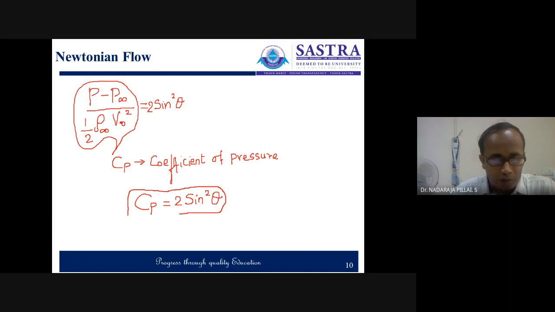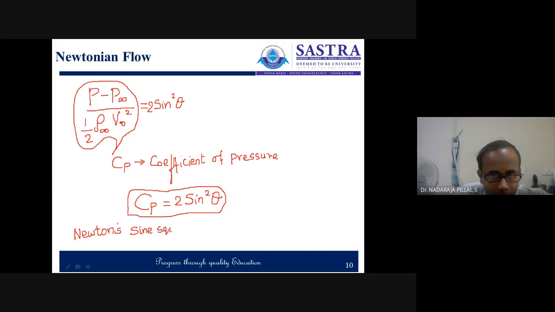Of course, this also has some limitation, right? This Cp is equal to 2 sine square theta is the famous Newtonian sine square law for pressure coefficient.